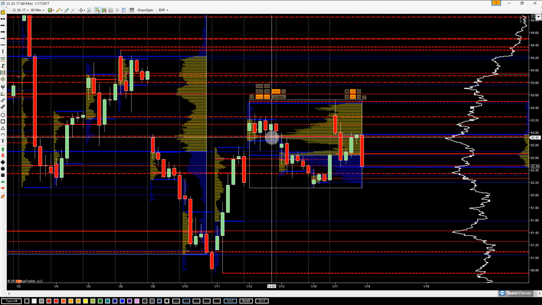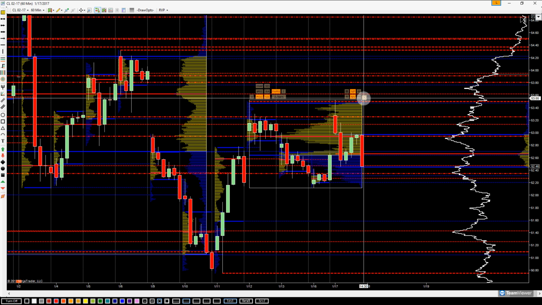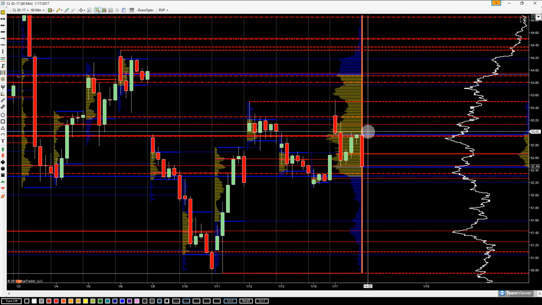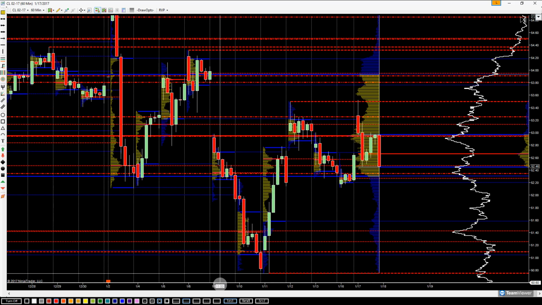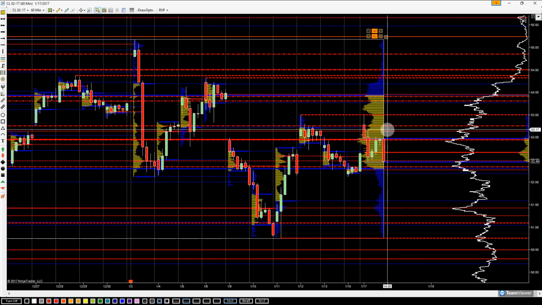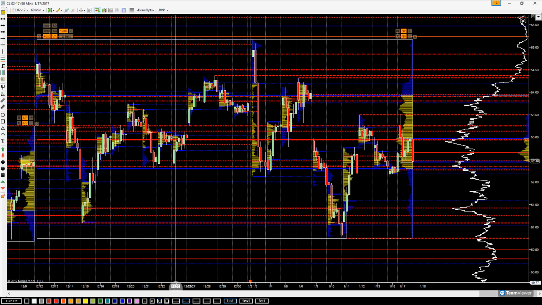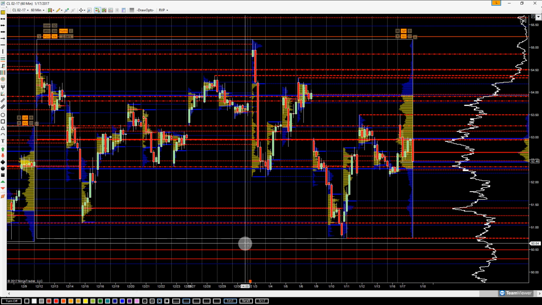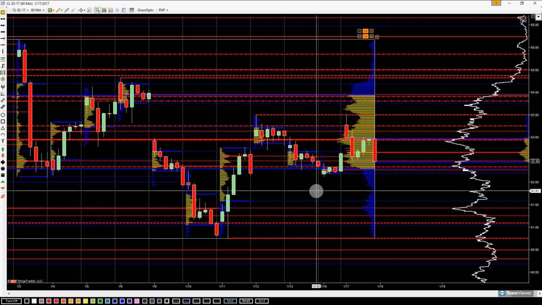What's nice is this VPOC in this microcomposite is exactly the same as the VPOC that is already on the screen, which is coming from the microcomposite that encompasses all of the trading going back now. And we could just continue to stay in this balance here, going back now to December 10th or so. So let's take a look at where we're starting.